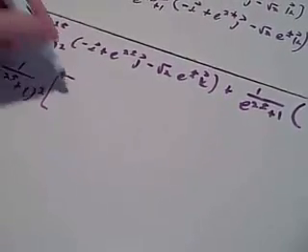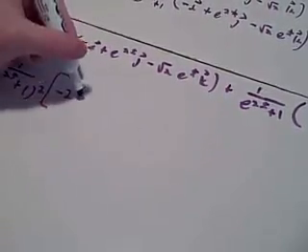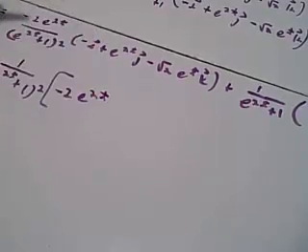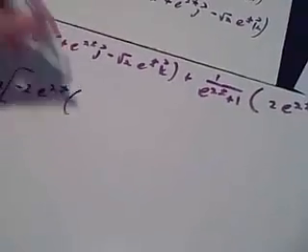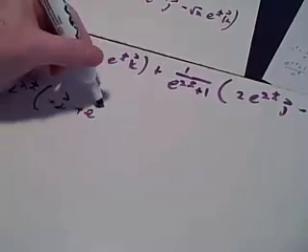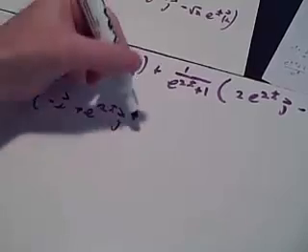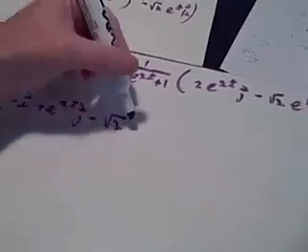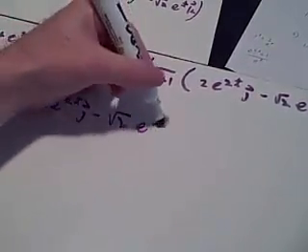On the inside I'll have negative 2 e to the 2t times negative i plus e to the 2t j minus root 2 e to the t k.